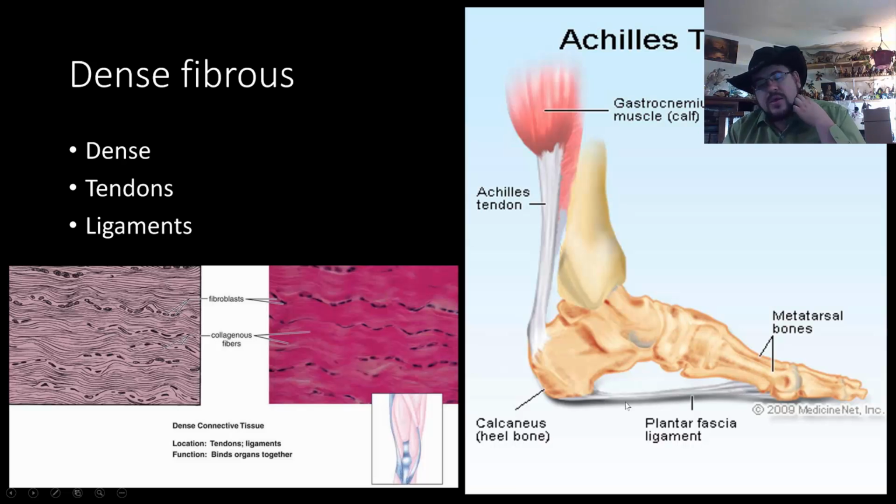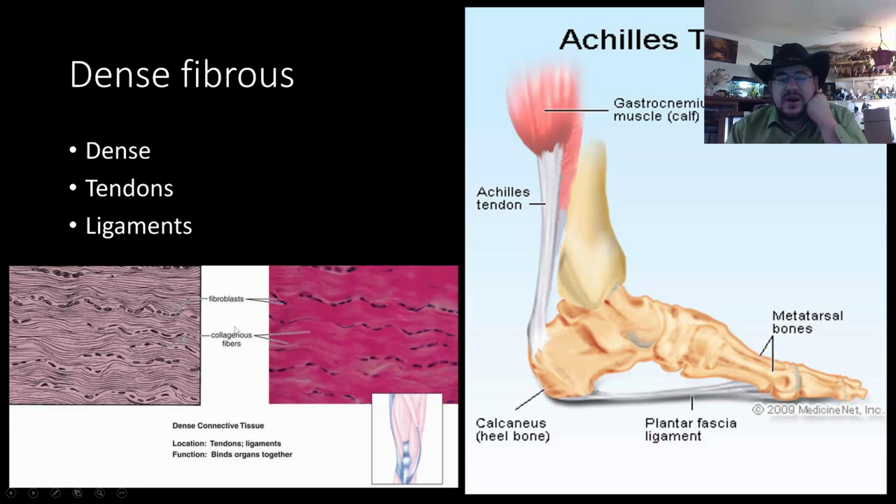Here at the bottom, we have our plantar fascial ligament. Again, you can see that's stabilizing the joint, preventing the foot from completely hyperextending when you set it down. Pretty good example. And both of these are dense fibrous connective tissue made up of those extremely thick layers of collagen.